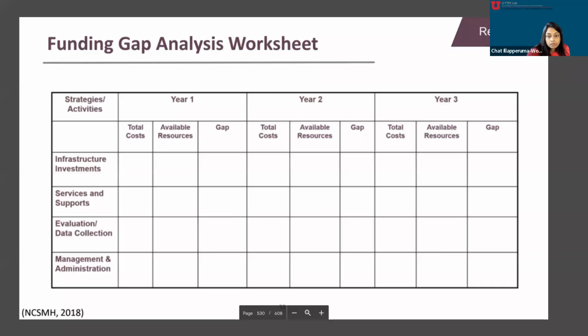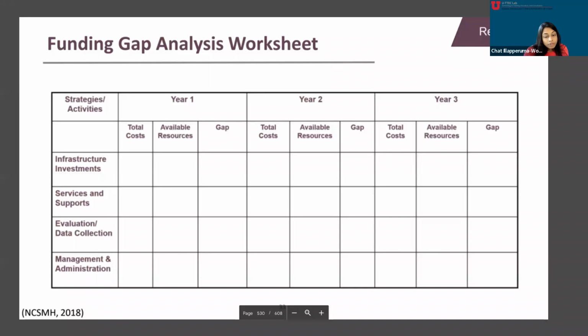For example, what is the gap between the current spending and projected fiscal needs? When you think about gaps, you want to think about gaps to services and supports, gaps to population served, gaps to the different activities, and gaps to fiscal years.